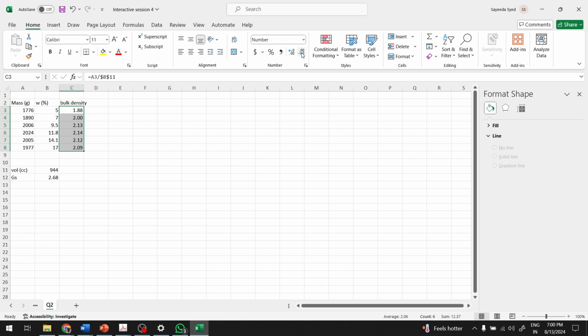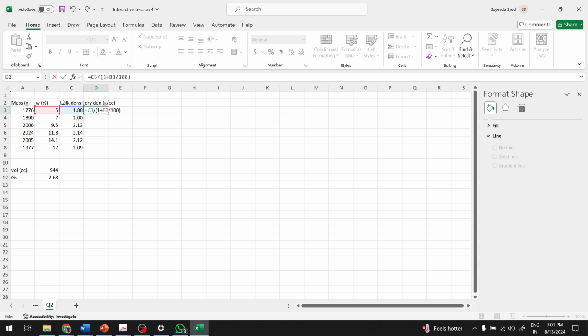And now from bulk density and water content, we will get dry density in gram per cc. This is equivalent to bulk density over 1 plus water content, but not in percentage.